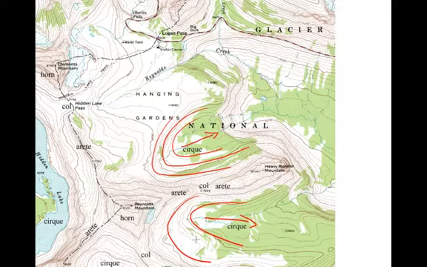And you recognize the cirque by having U-shaped contours that are open in the down glacier direction. Cirques form the head of broad U-shaped valleys eroded by large valley glaciers.